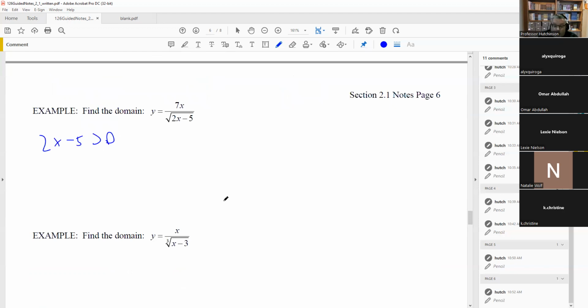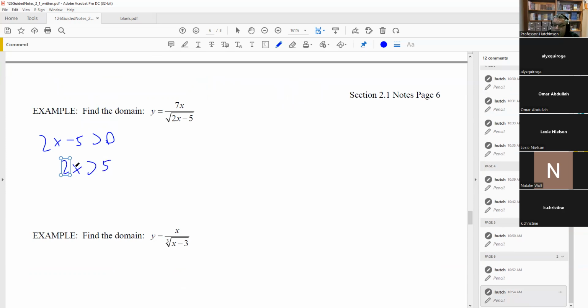All right, so this one here, we're going to do an even number root. So let's solve for it. 2x is greater than 5, divide by 2. X is greater than 5/2.